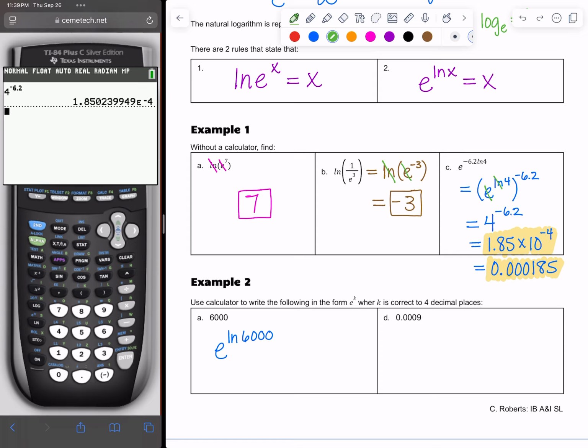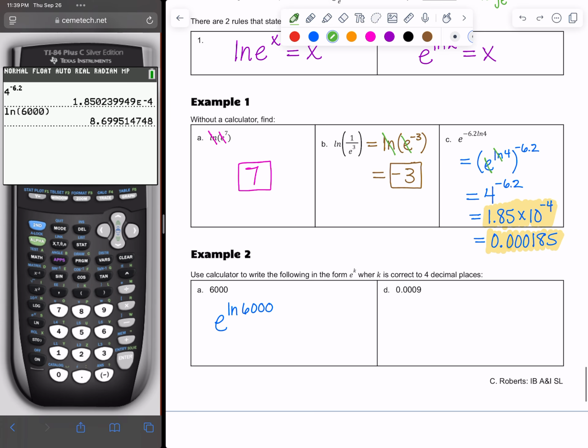And then we would take the natural log in the calculator of 6,000, and remember it says 4 decimal places, so this will approximately be 8.6995.